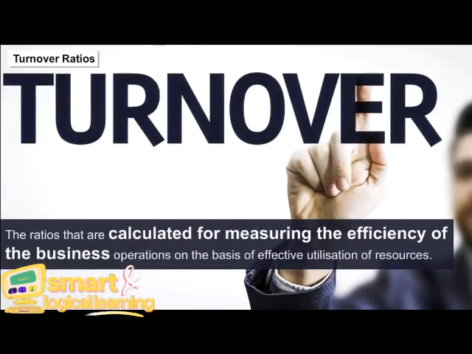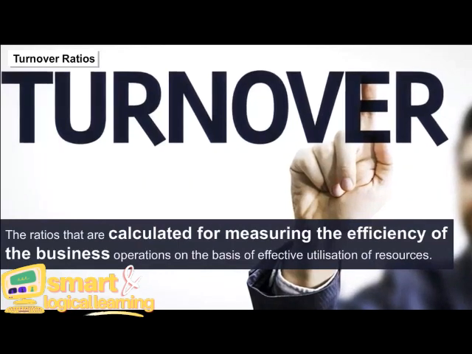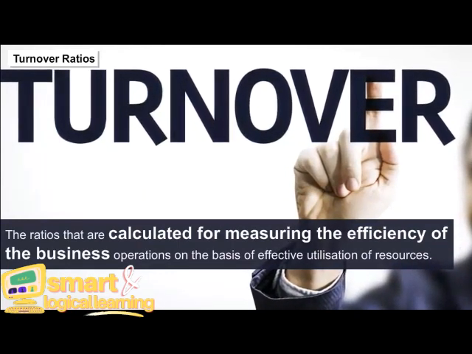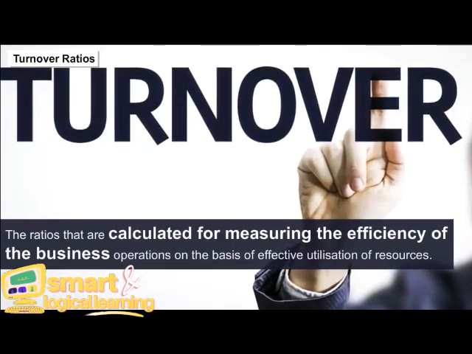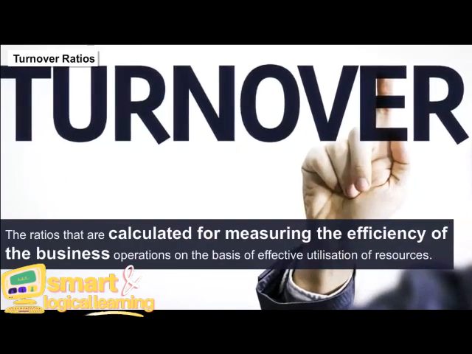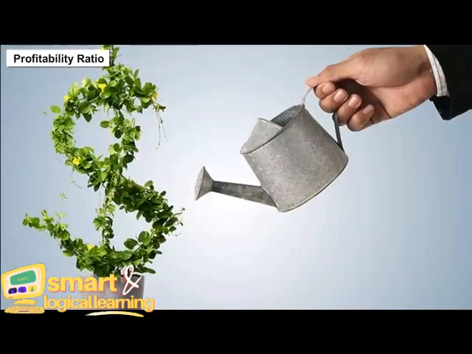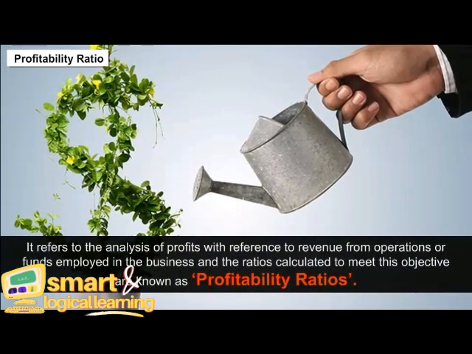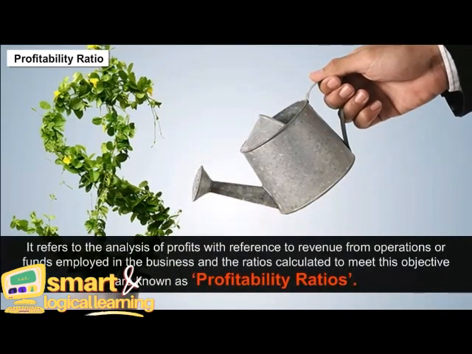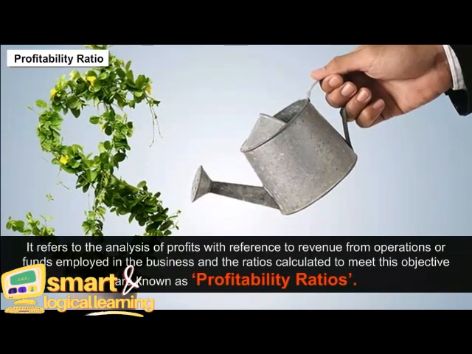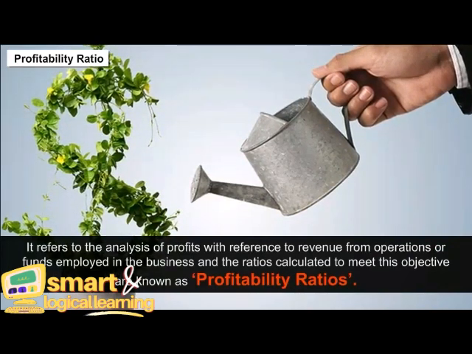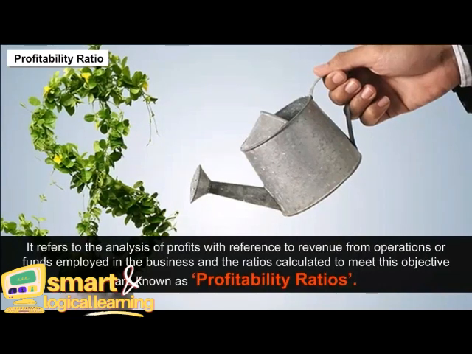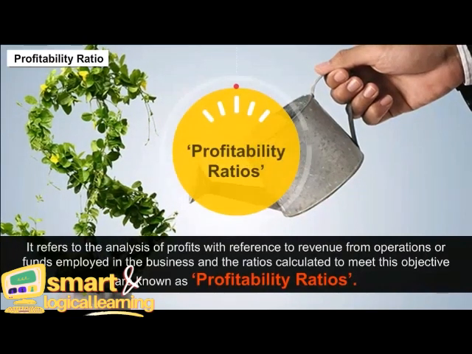The ratios that are calculated for measuring the efficiency of the business operations on the basis of effective utilization of resources. Profitability ratios. It refers to the analysis of profit with reference to revenue from operations or funds employed in the business, and the ratios calculated to meet this objective are known as profitability ratios.